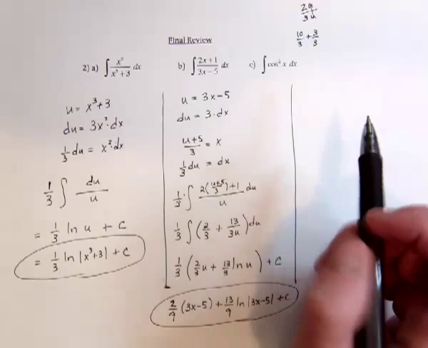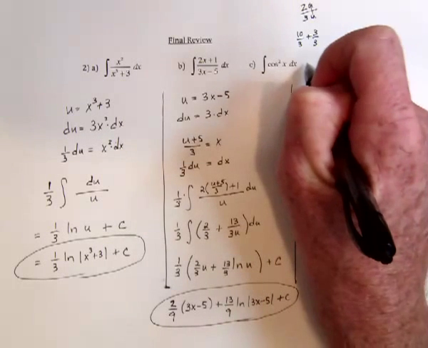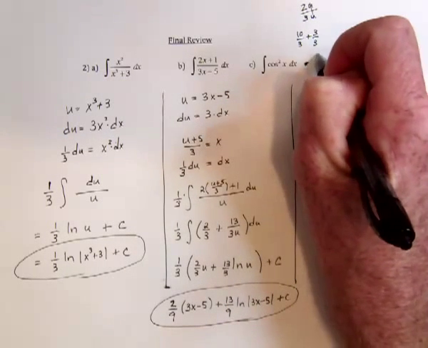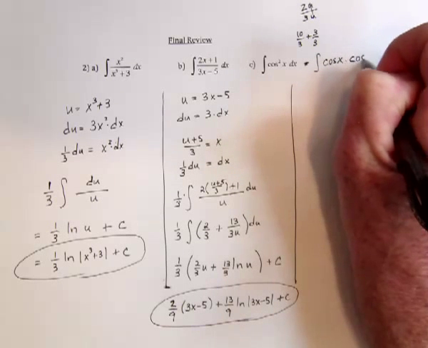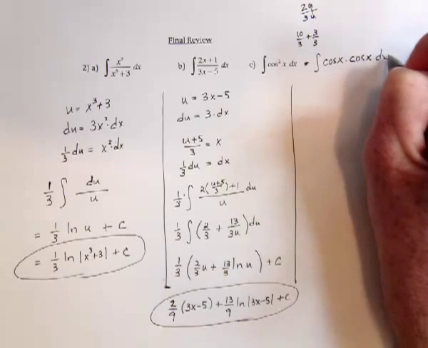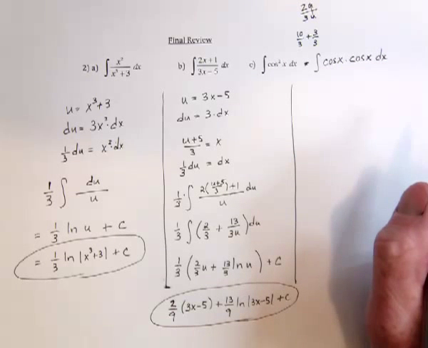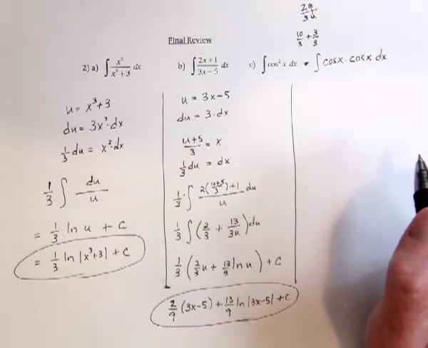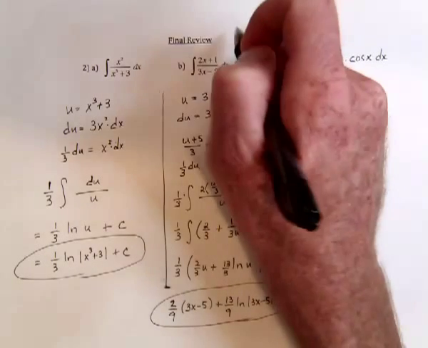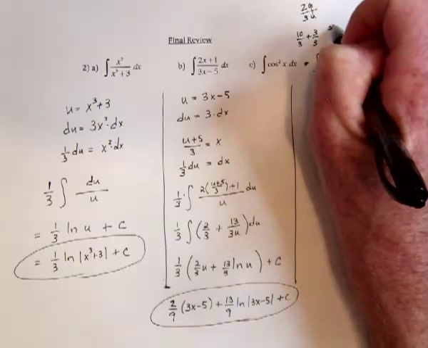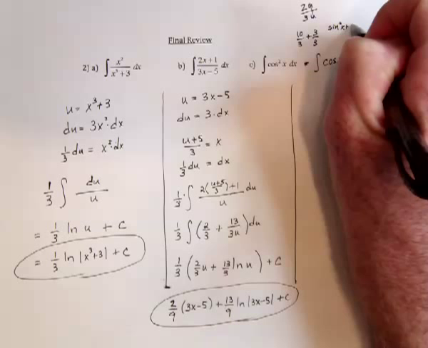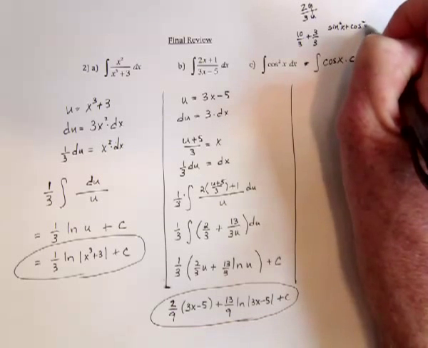But what we can do is rewrite this one as cosine of x times cosine of x, and replace one of the cosines with something that has sine in it, and use the other one for the u. So we have the identity that sine squared plus cosine squared is equal to 1.